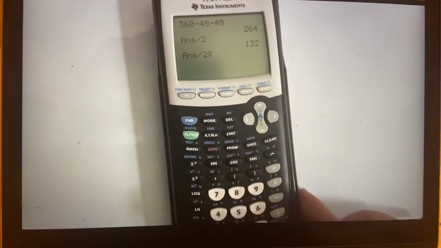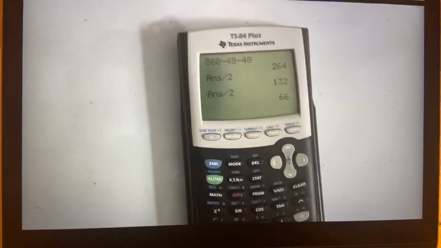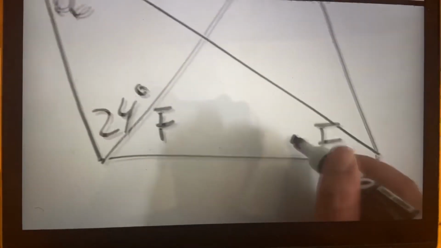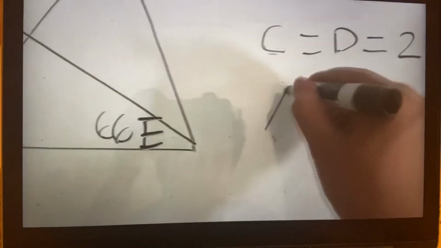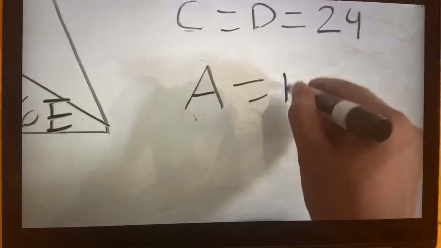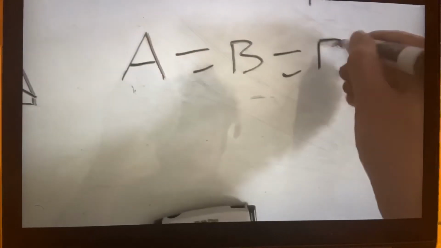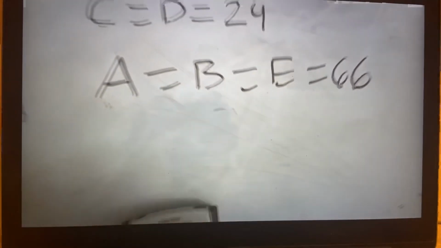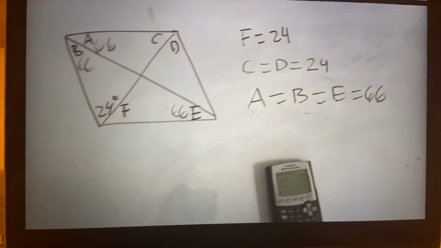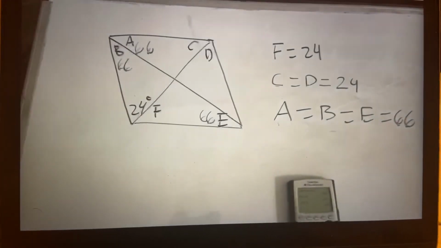And if we split that up again, since the diagonals are bisecting those angles, we have that this angle is 66, this angle is 66, and this angle is 66. So A is equal to B is equal to E is equal to 66.